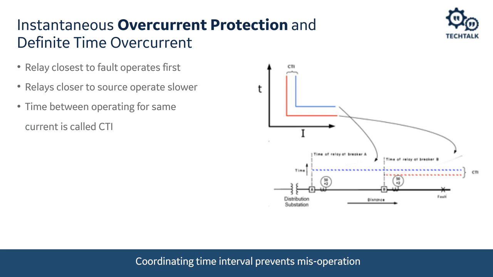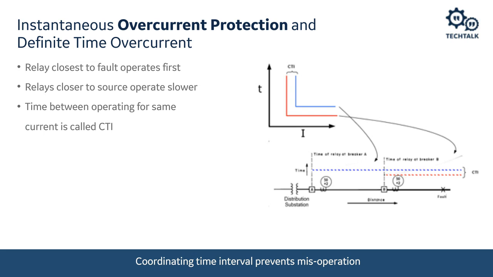So if we look at this system below in the bottom of the slide, and you see breaker A and breaker B, one of the concepts of protective relaying that is very important is the reach of the relay. Now, normally when we talk about reach, we're talking about distance elements and things like that, but all relays have a reach.